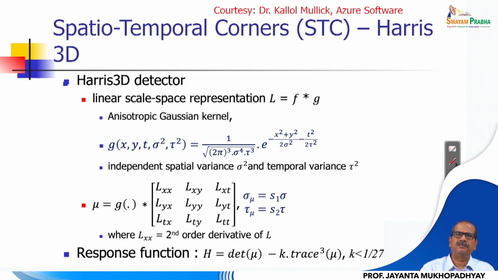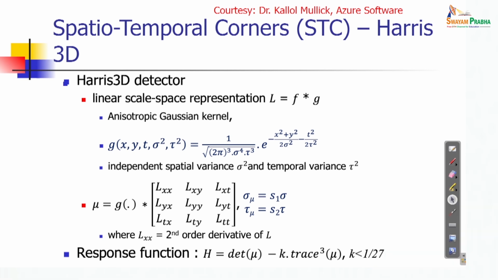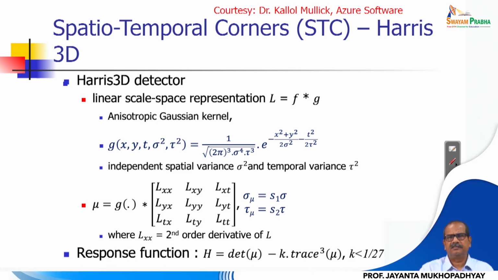One particular algorithm is similar to the Harris corner detection in the three-dimensional volume. First we perform smoothing of that volume using a Gaussian filter. This Gaussian kernel is an anisotropic, three-dimensional kernel.